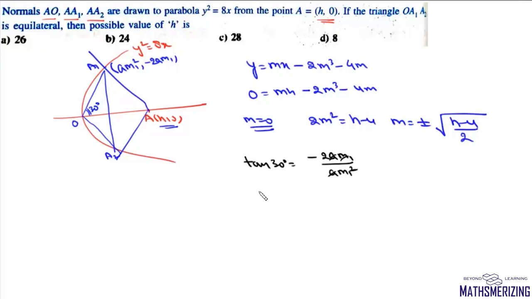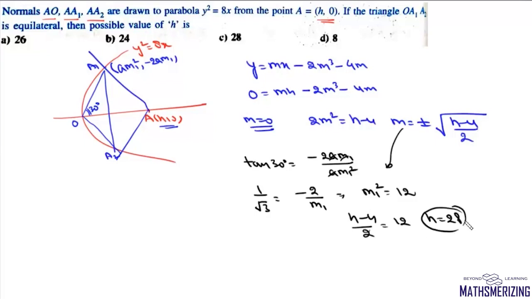So we'll cancel this. So we'll write 1 upon root 3, and this is minus 2 upon m1. So we'll square, we'll write this as m1 square must be equal to 12. Now we'll put the value of m1 square. So we'll get h minus 4 upon 2 equals 12. So the value of h should be 28, and that's your option number C.